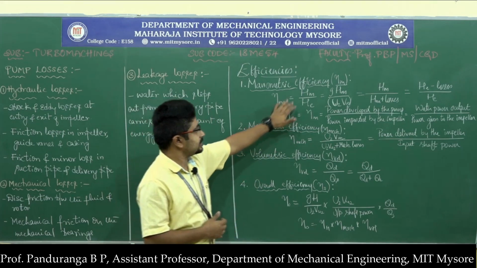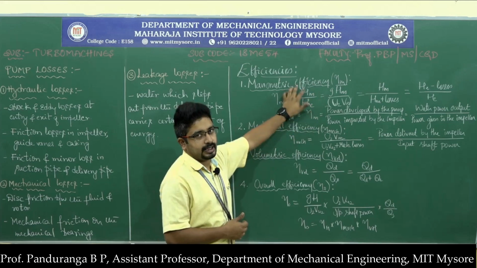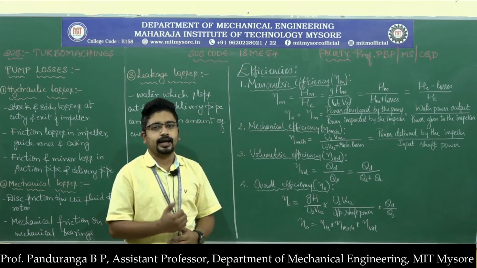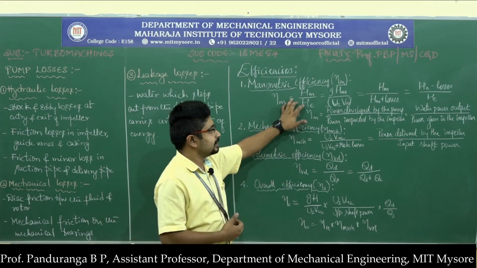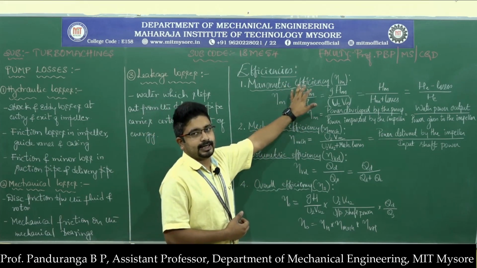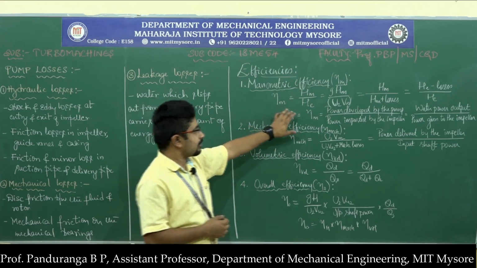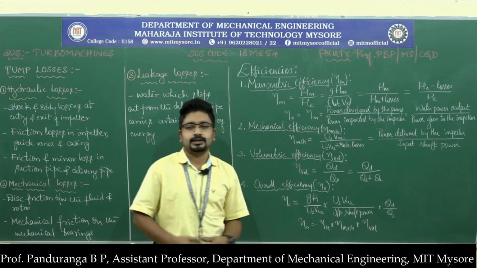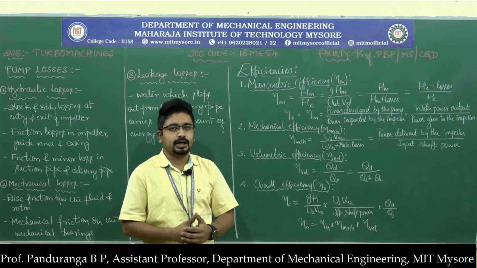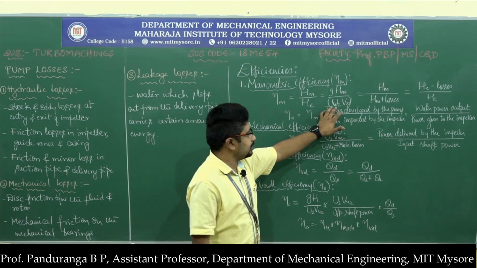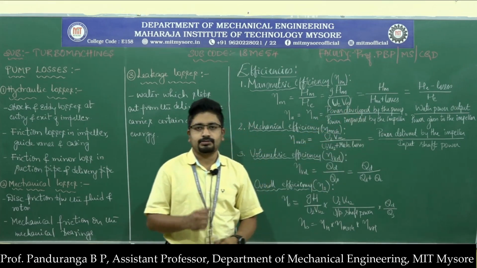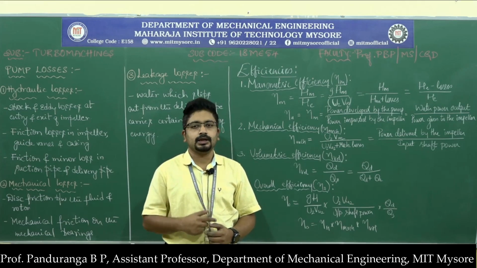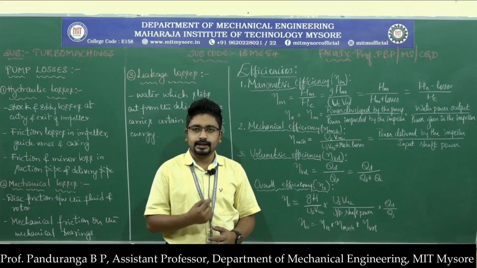It can be written as Hm, which is the manometric head, divided by He, which is Euler's head, that is the theoretical head which can be developed by a pump, and the actual head, the manometric head developed by the pump. This can also be written as g Hm, the manometric energy imparted to the fluid, divided by U2 Vu2. We should remember that in a centrifugal pump, V1 will always be in the axial or radial direction.